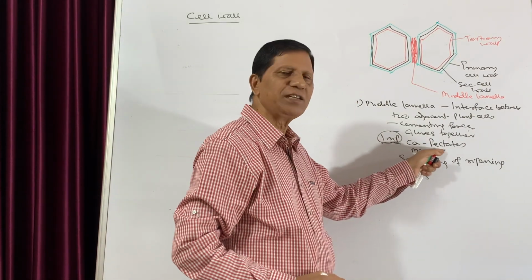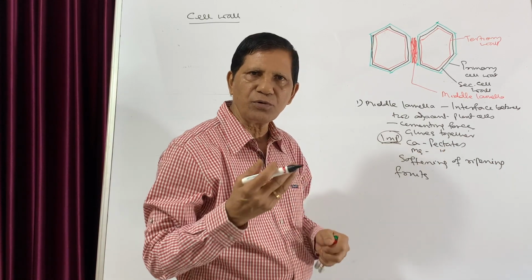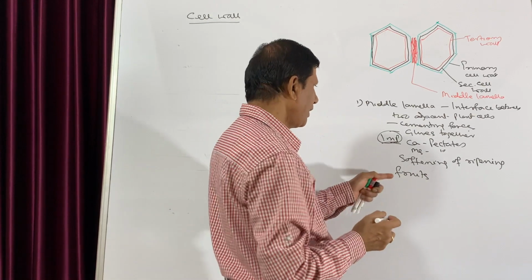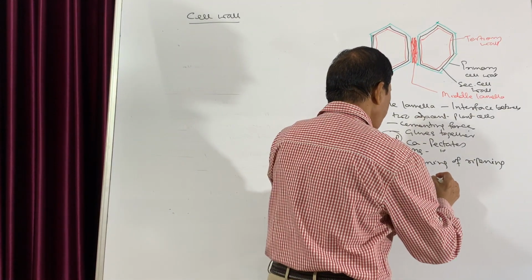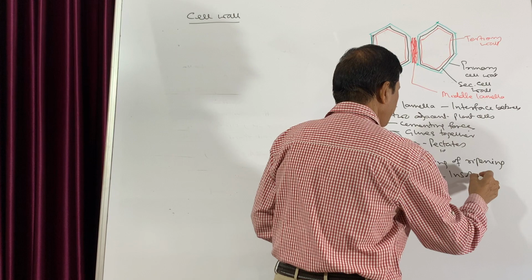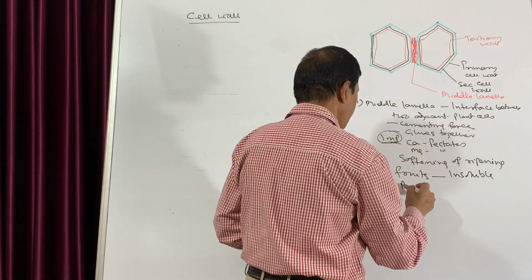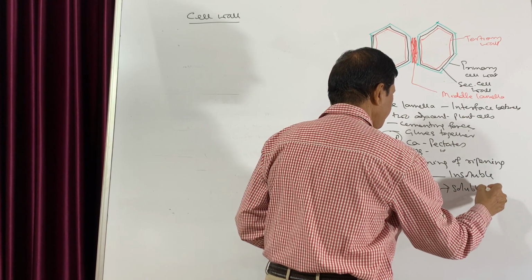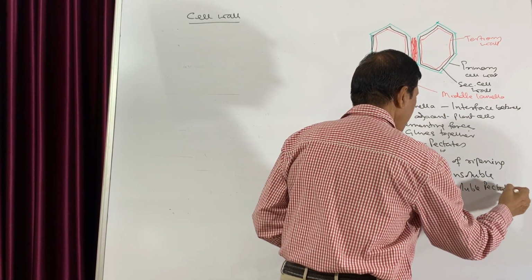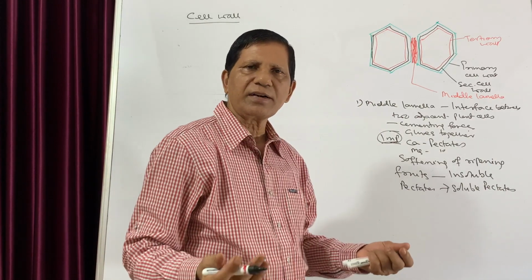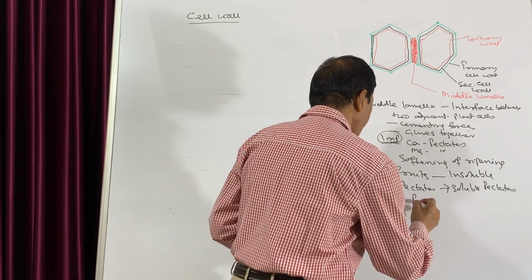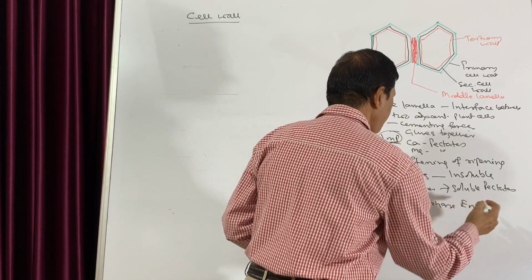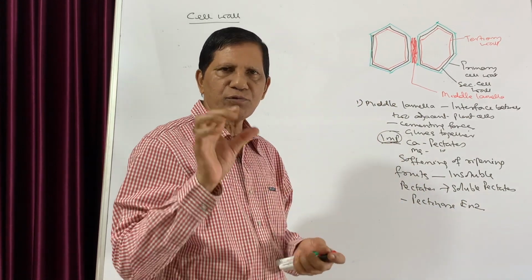The insoluble calcium pectates are converted to soluble pectates, so that we get some juice from the fruit. This is due to the action of the pectinase enzyme. So that is why ripened fruits are usually soft.